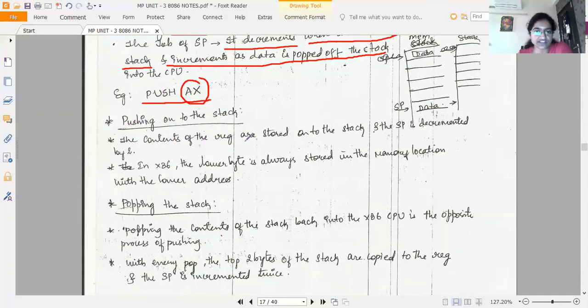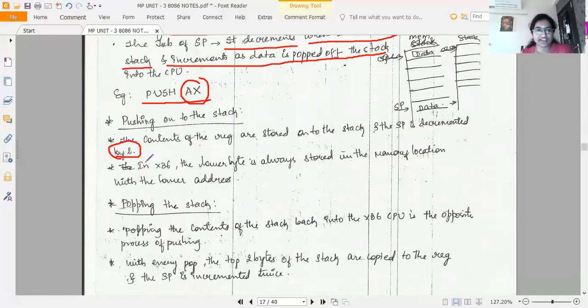The contents of the register are stored on the stack, and the SP is decremented by 2. This we will see in the example, but you have to make sure that after executing a push instruction, you observe that the content of the SP has decremented by 2.